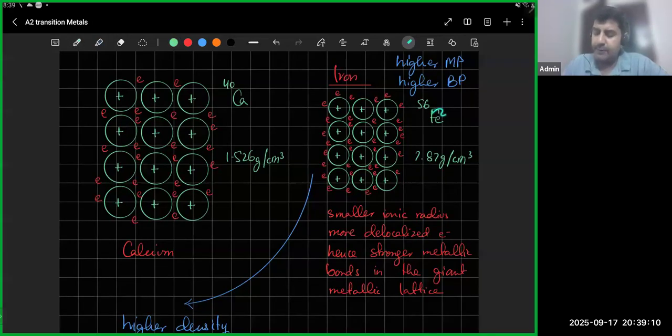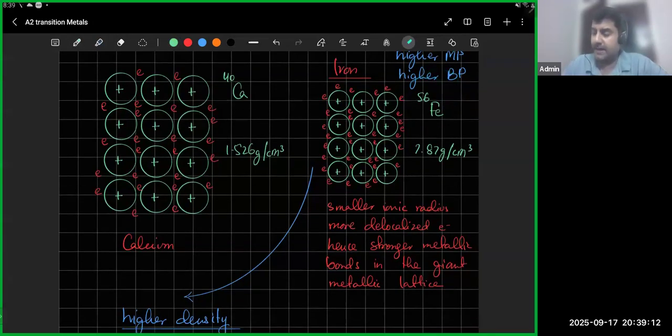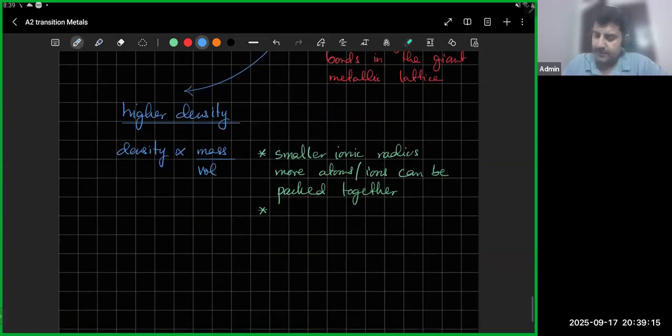So the atom also has a bigger mass as well. Iron has more protons and neutrons, so iron also has greater relative atomic mass.